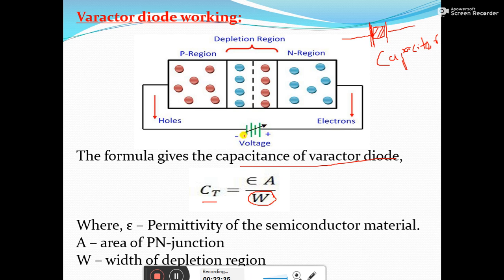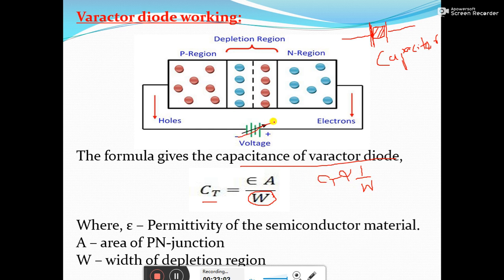Let's say with a small reverse bias voltage, the depletion region is small, or you can simply write this equation as CT varies in inverse proportion with the width of the depletion layer. Let's say there is a small reverse bias voltage, obviously the width will be small. If the width is small, the capacitance will be high.